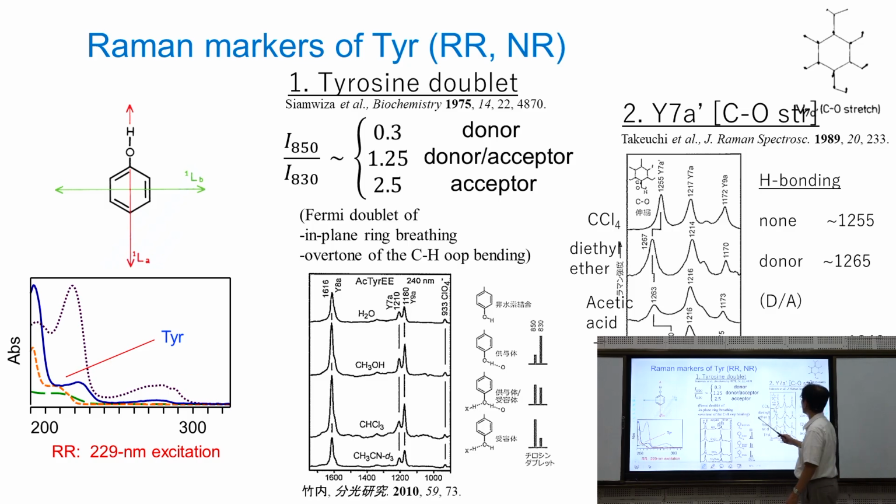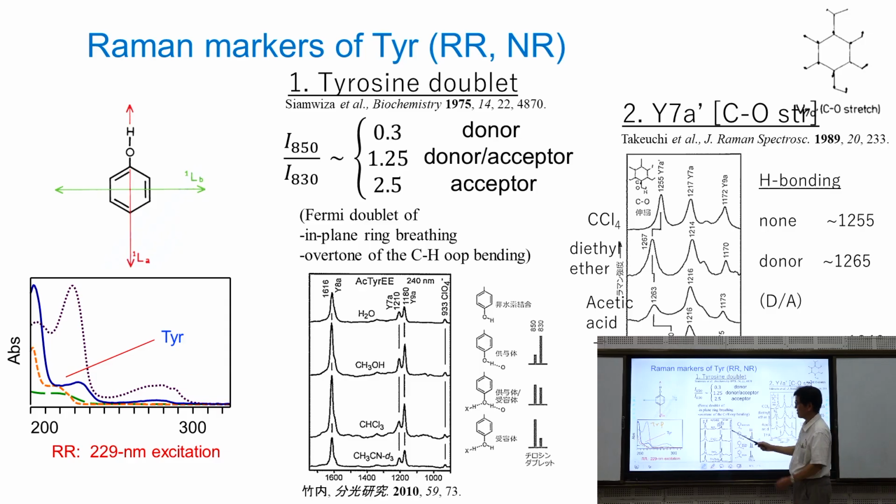About the tyrosine, we can choose excitation wavelength to get the selective information of the tyrosine side chain. Always it is similar to the resonance condition to the tryptophan. So usually we get the information of tyrosine at the same time with the tryptophan region.